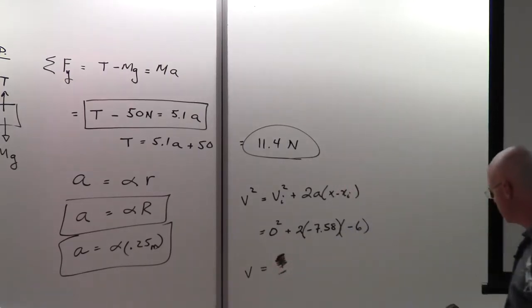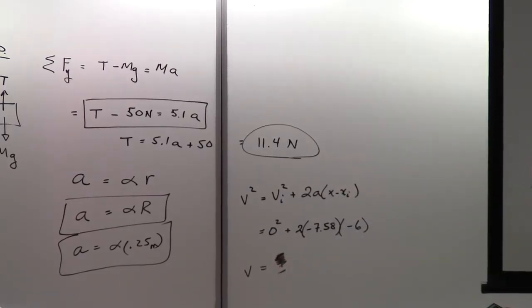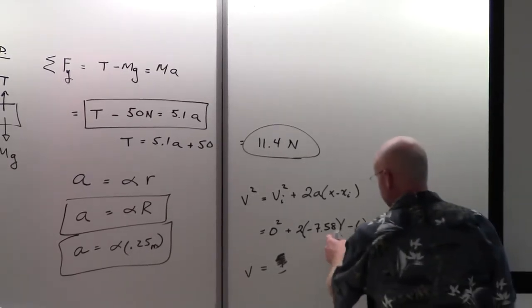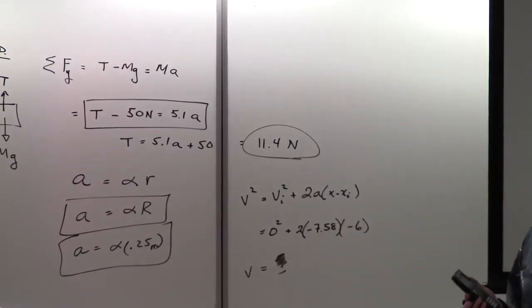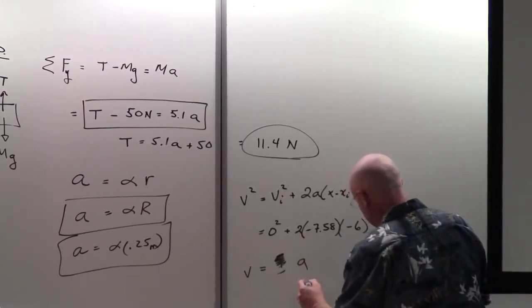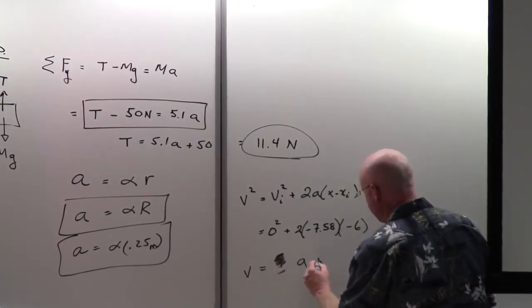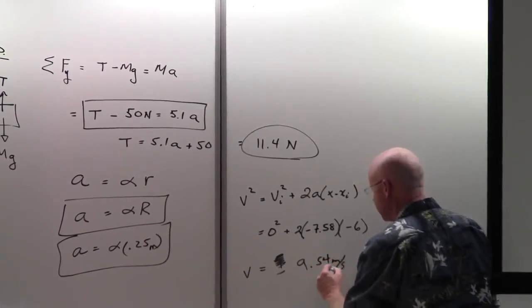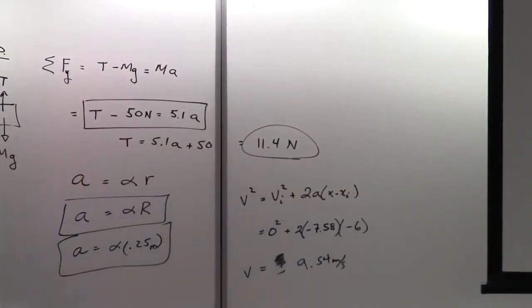I'll just put the minus there. But I better make sure I got both negatives there. I don't want to try to take a square root of a negative number. So they're both negative. So 2 times a negative 7.58 times a negative 6, and then the square root of all of that gives me a speed of negative 9.54 meters per second for the speed at the bottom.